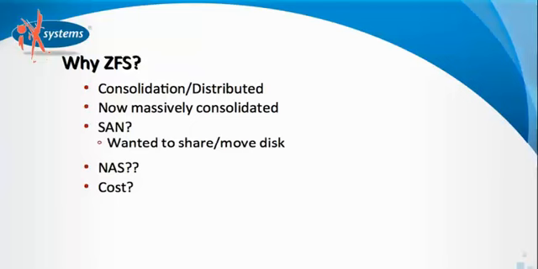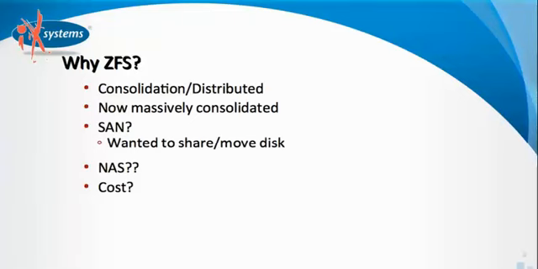The world that we live in now is just massively consolidated, and we run into problems with how do we adequately share disk amongst different workloads, but also keep a firm separation or boundary between the workloads.